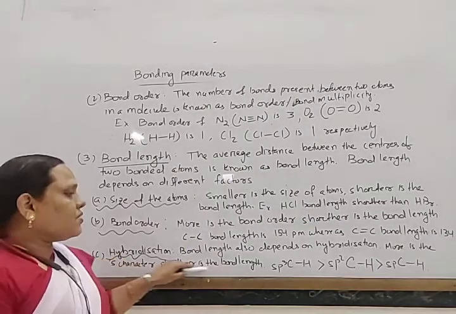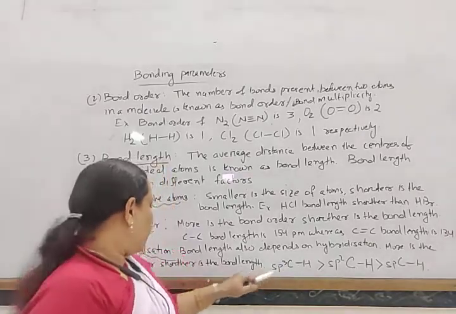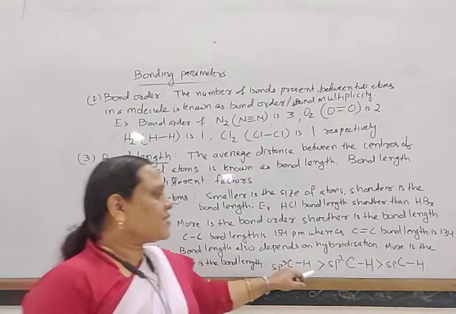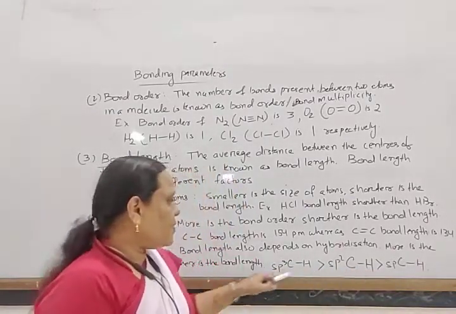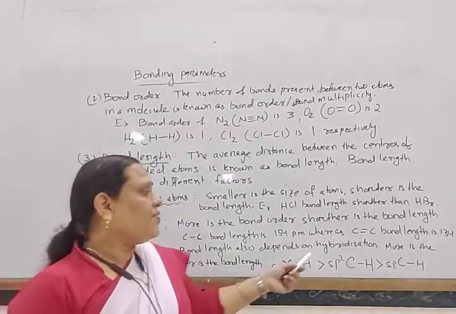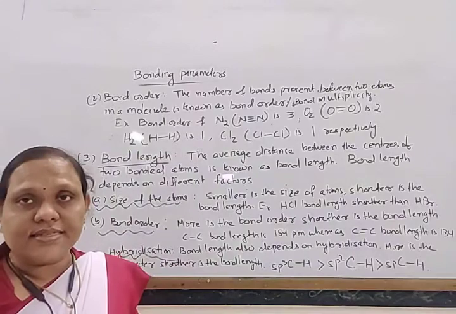So the more the s character, the shorter is the bond length. In sp3, p character is more and s character is less; s character increases and p character decreases from sp3 to sp2 to sp. So the C-H bond length in sp3 is more than that of sp2, than that of sp.